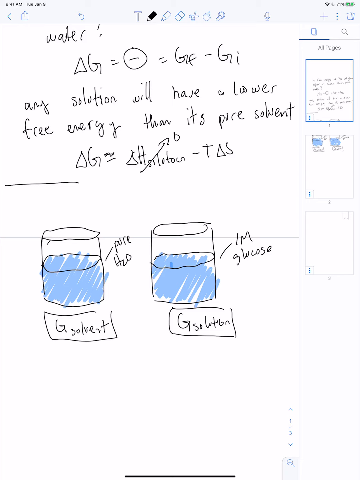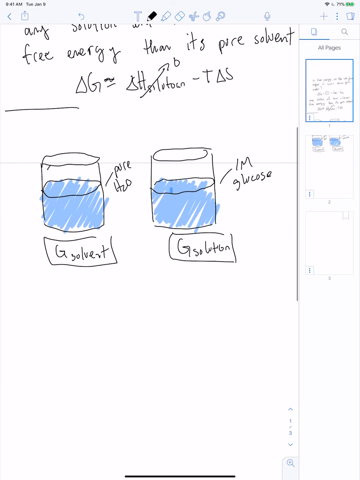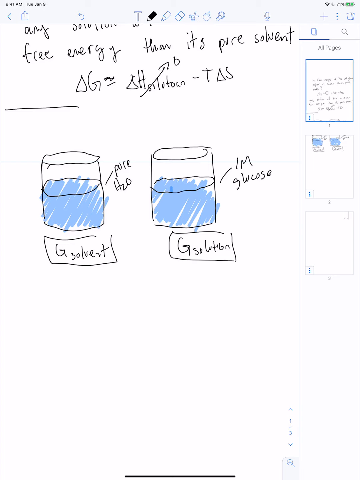We've sort of stabilized the solution. The more solute we add to it, the more stable the solution is. And the effect of that is that it makes it more difficult to push it through changes.